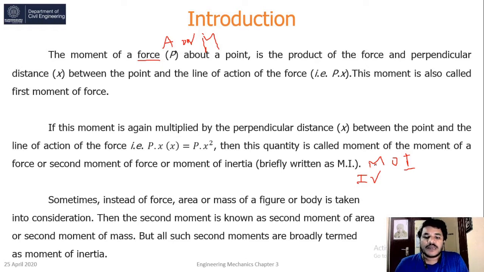Then the second moment is known as second moment of area or second moment of mass, or mass moment of inertia. But all such second moments are broadly termed moment of inertia.